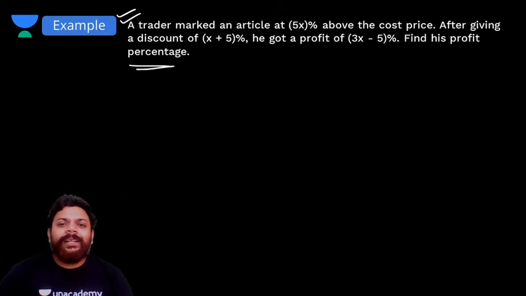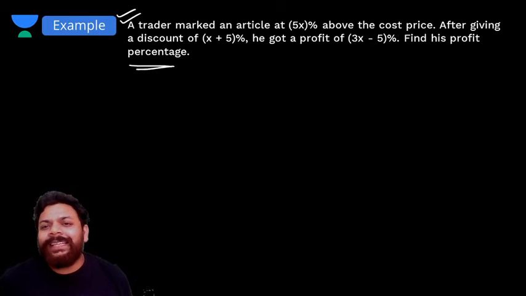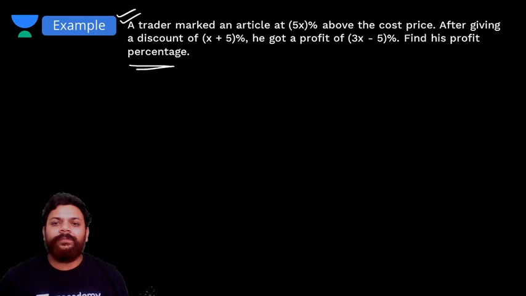A trader marked an article at 5x% above the cost price. After giving a discount of x plus 5%, he got a profit of 3x minus 5%.